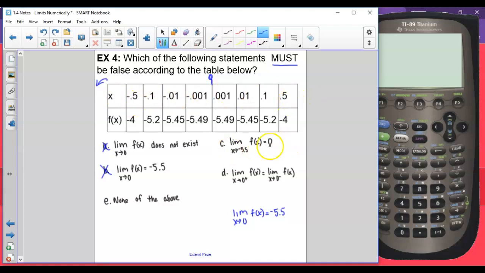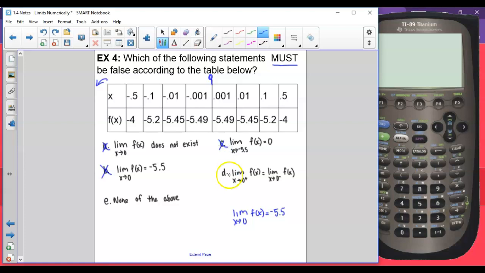So this is not a conclusion that you can make according to this table, but we don't necessarily know that it's false because it's very possible that the value of f of x whenever x equals -5.5 is 0. So it is possible that this is true. It's not a conclusion we can draw from this table, but that's not what the question asked. So it is possible that it is true.